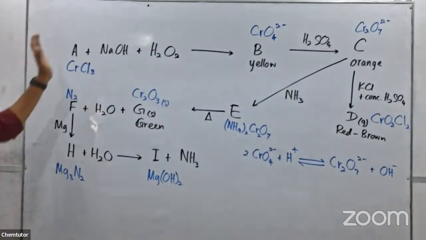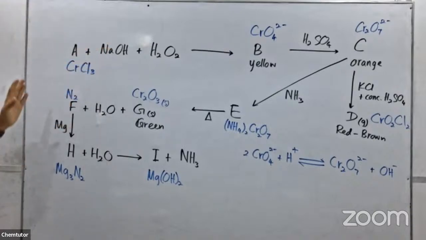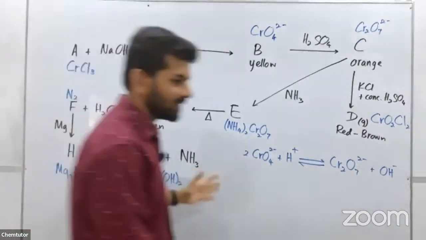Now we have finished identifying the particular species from A to I. You can write the answer.